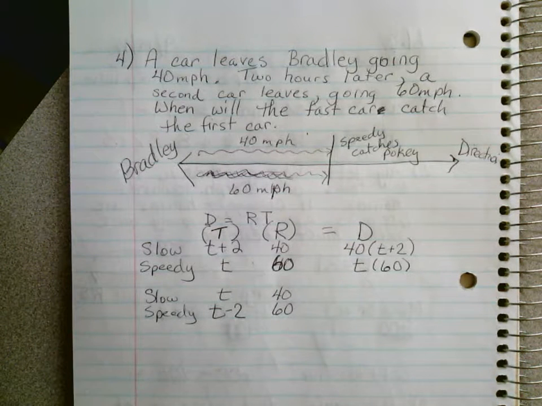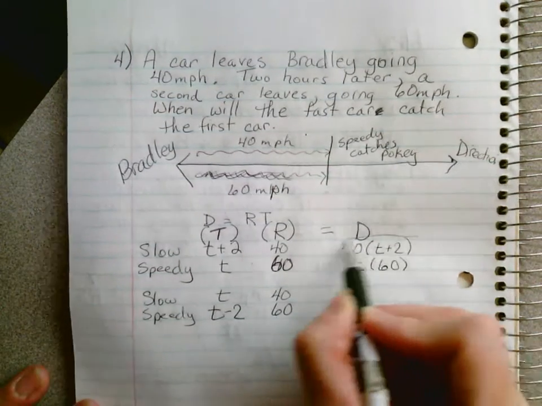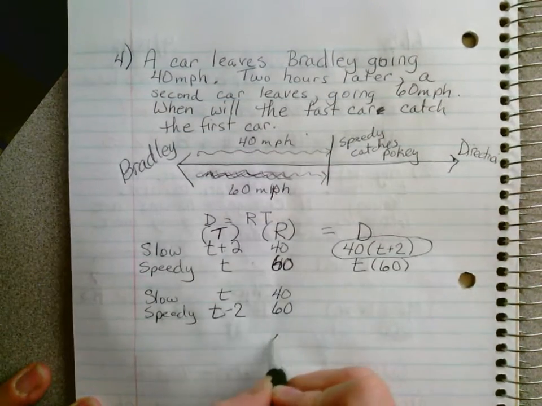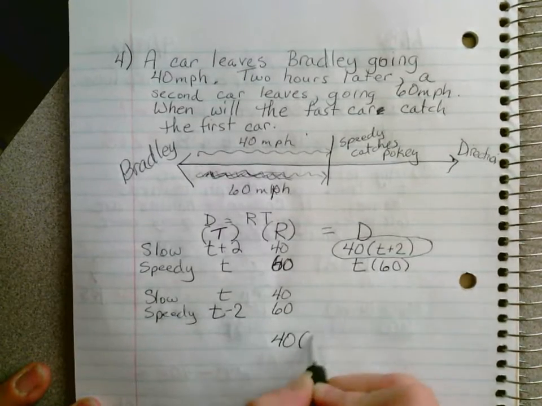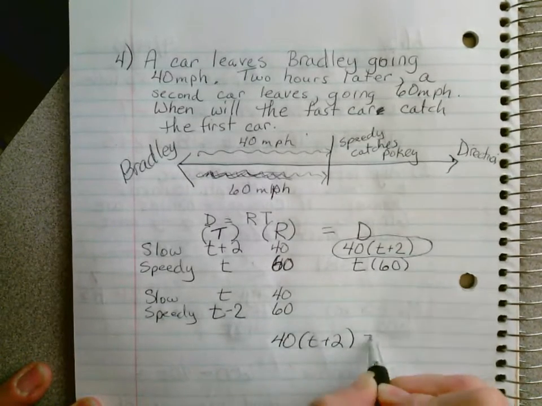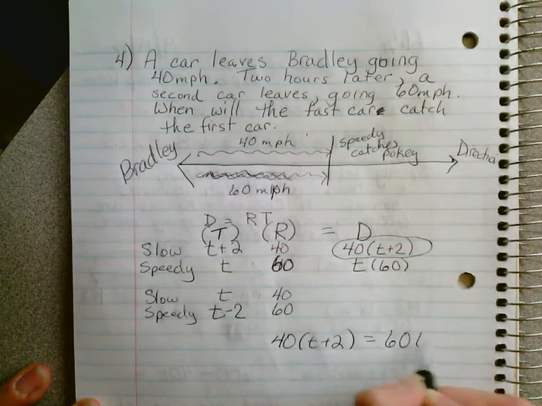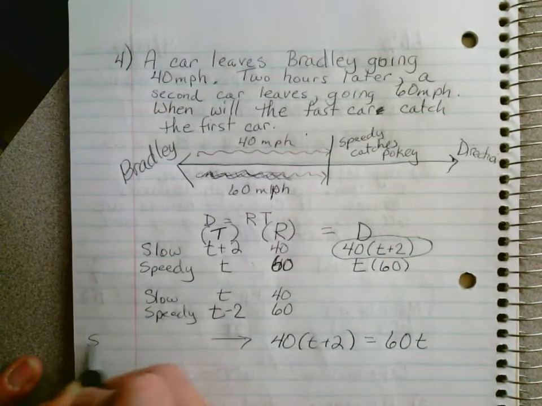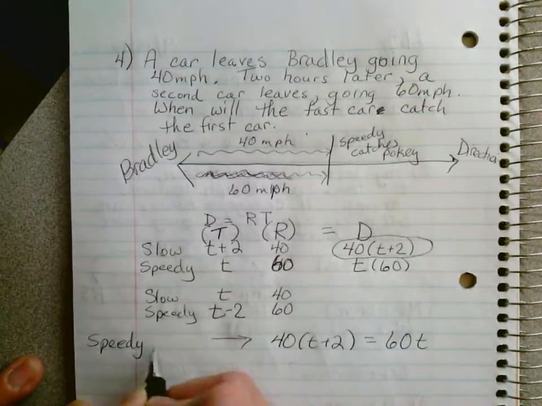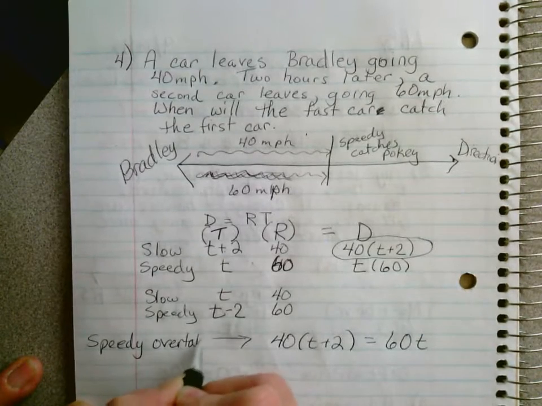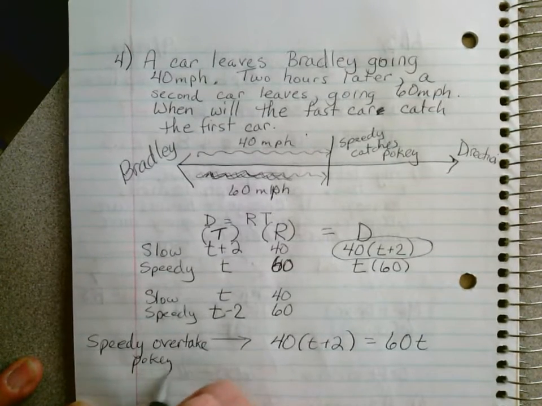At this point, their distances are equal to one another. Stay with me, don't get scared. Which means at the point where Pokey is equal to Speedy is the point at which Speedy will be able to overtake and pass Pokey.